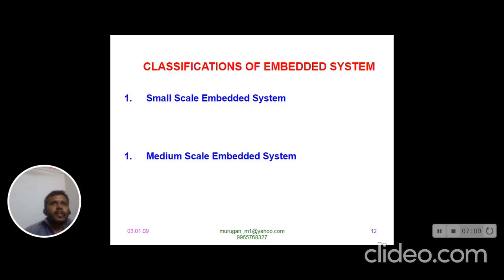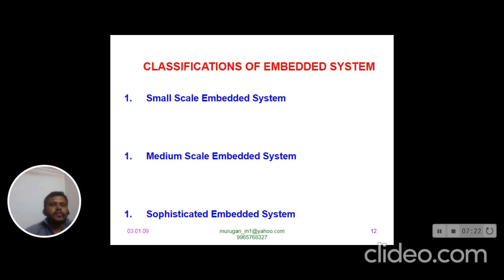It is used in public use, and we consider the scanners, that is, IR scanner and QR code scanner, and even the barcode scanner comes under the category of medium scale embedded system. Then the sophisticated embedded system.